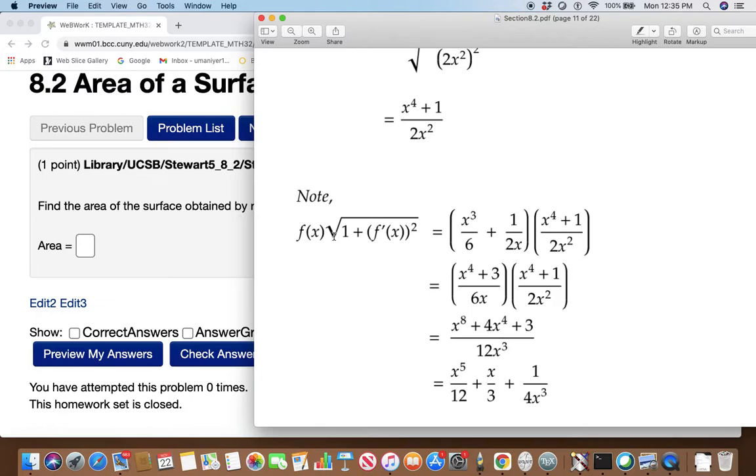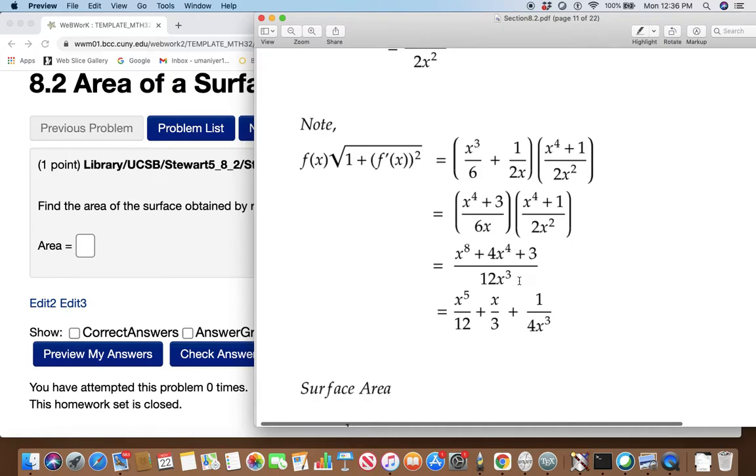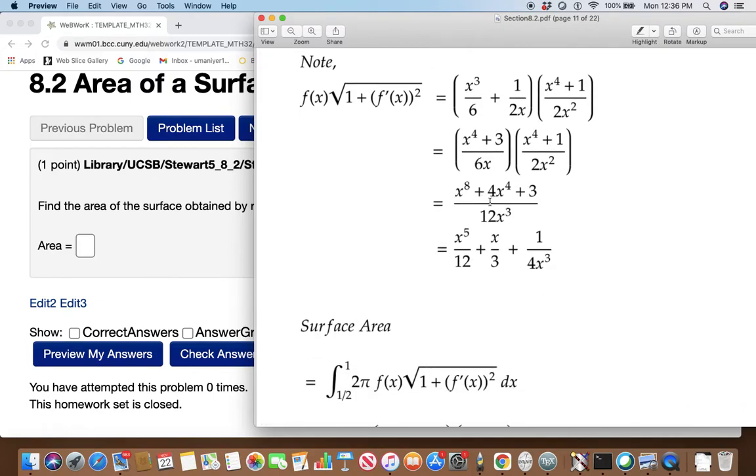Now, f(x) times square root of 1 plus f prime x squared is your f(x) expression and its square root expression. Now, common denominator and then multiply. In the end, don't forget to divide this by distribution.